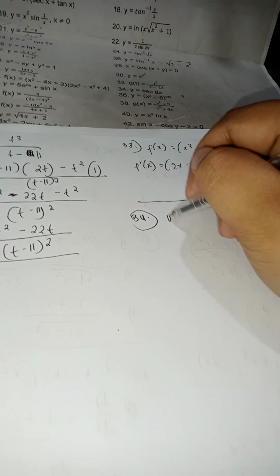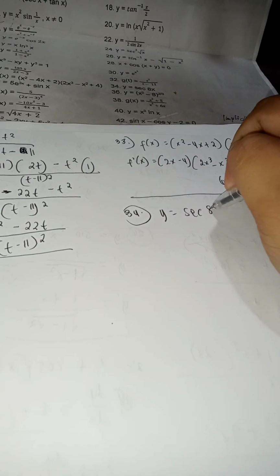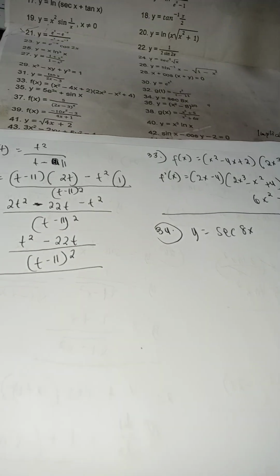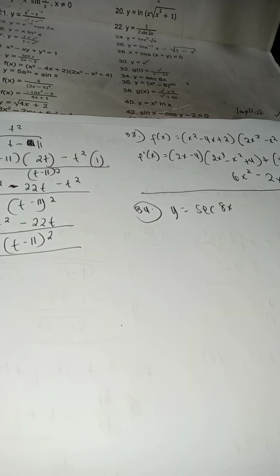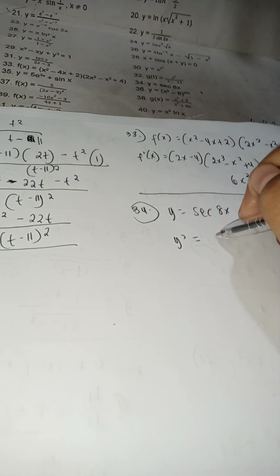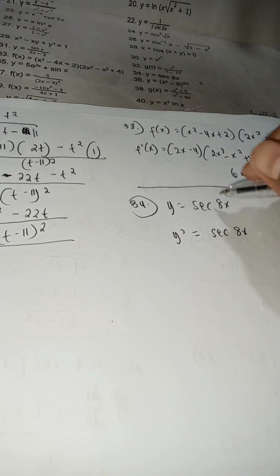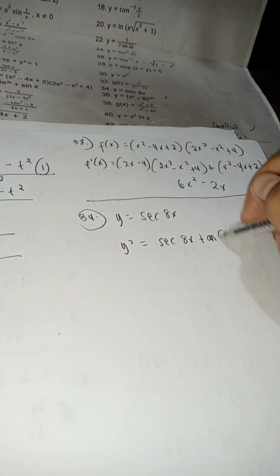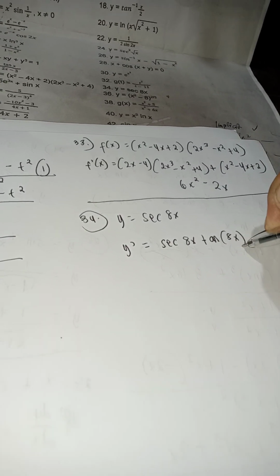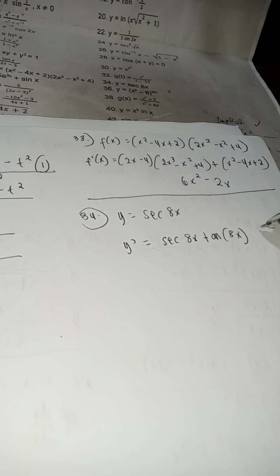Number 34, y is equal to secant 8x. So in solving this, we are going to use the chain rule. Okay, so y prime is equal to secant 8x. The derivative of secant is secant and tan. So tan 8x, and the derivative of 8x is 8.